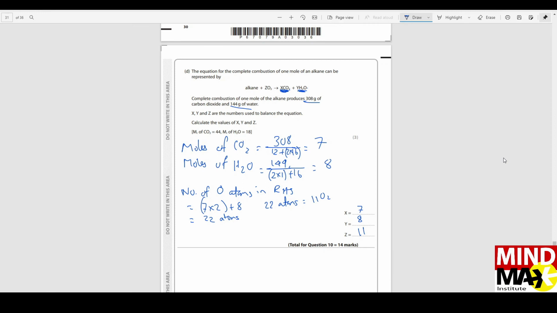So in carbon dioxide you have 14 oxygens, and in water you have 8 oxygen atoms. So we add them, we get 22 atoms. So we have 22 atoms of oxygen, and we know 22 atoms means 11 molecules, because oxygen always exists as a diatomic molecule. So 22 atoms means 11 molecules of oxygen, so Z should be 11.